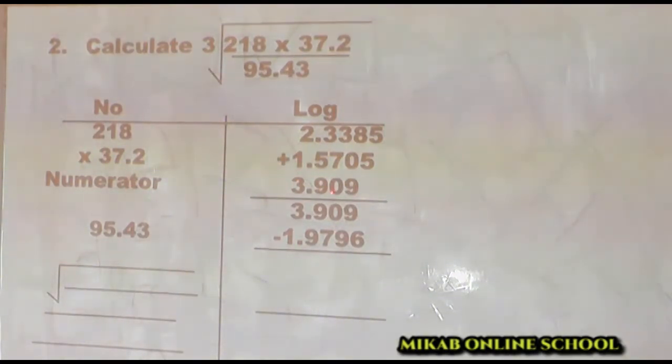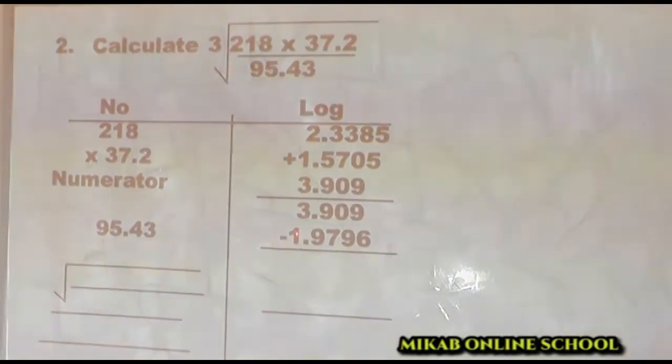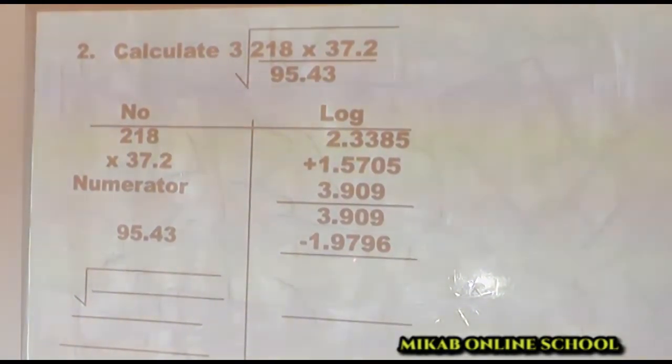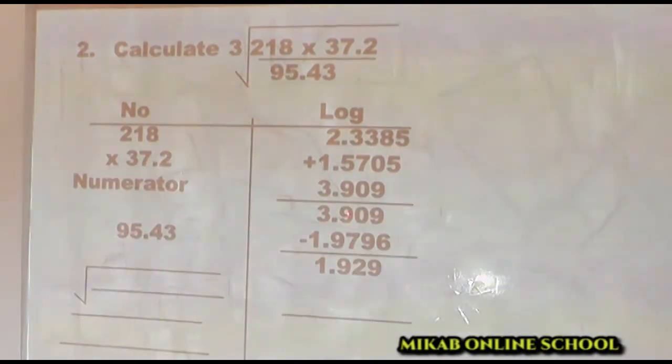So what we had from the numerator, which is 3.909, minus what we have from the denominator, which is 1.9796. By the time you subtract that, you will have 1.9294.